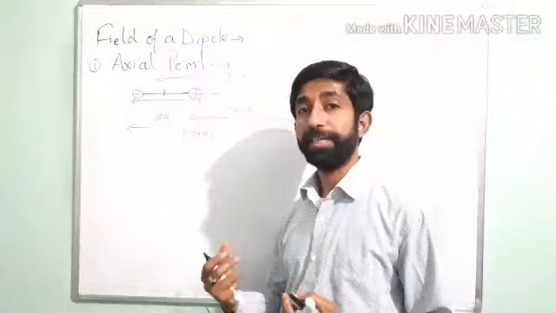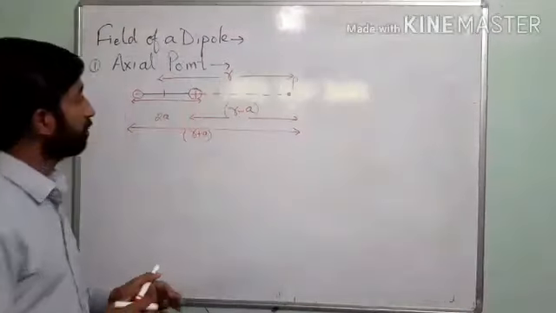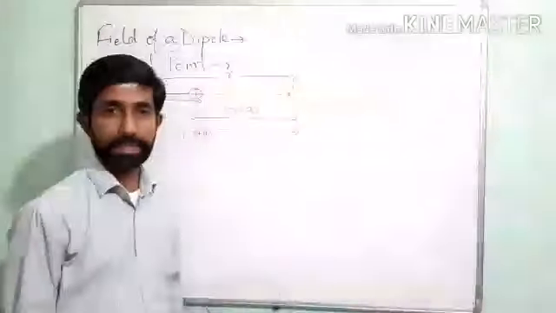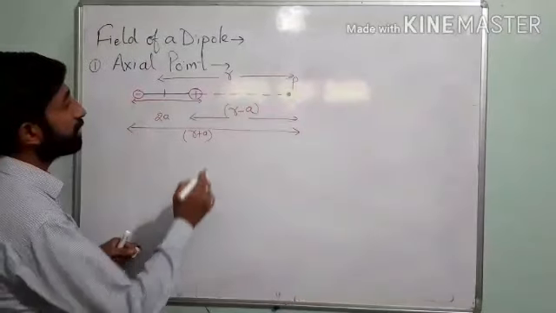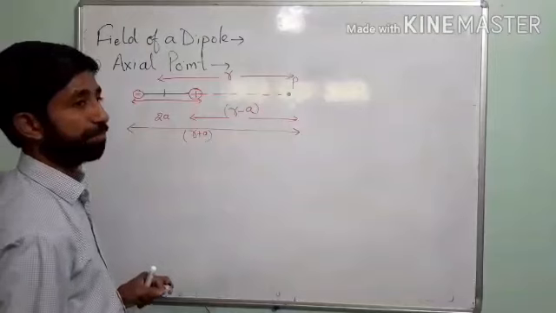Okay, now let's start the mathematics. What to do to find the electric field at point P? We shall treat the system as a combination of two single charges, as we have been doing. So first we shall find the electric field produced by this positive charge.